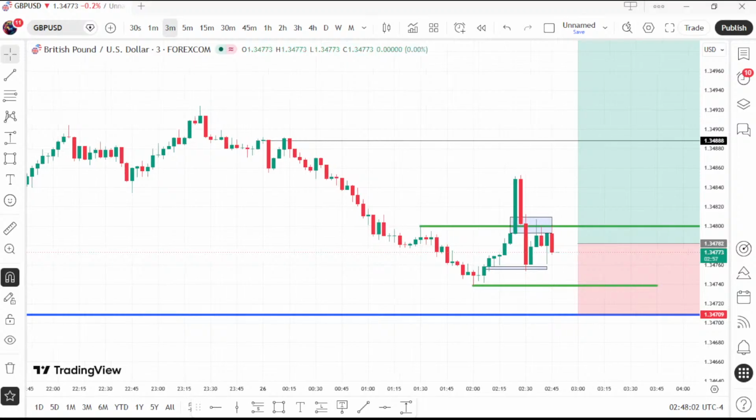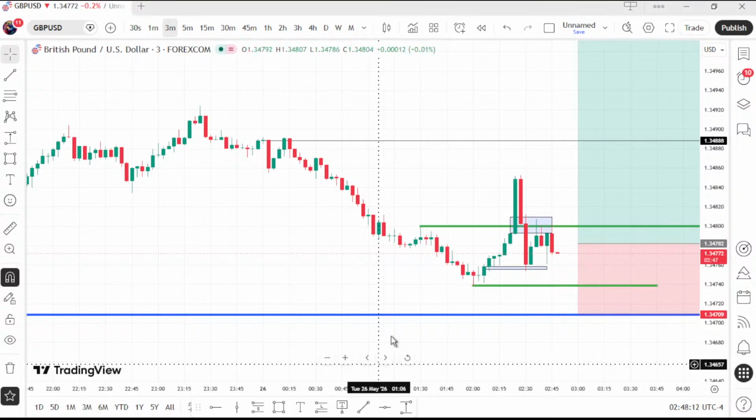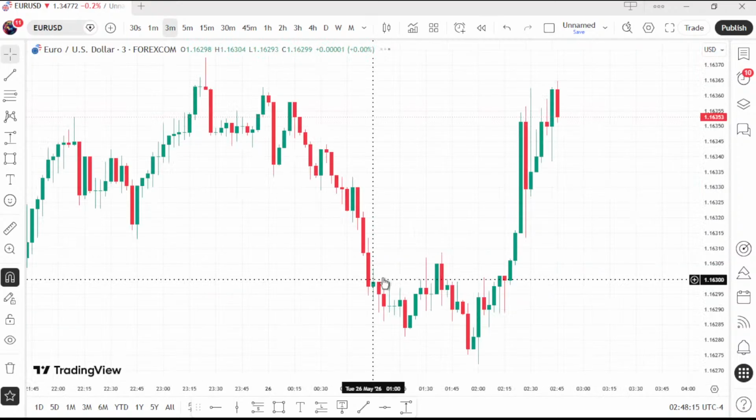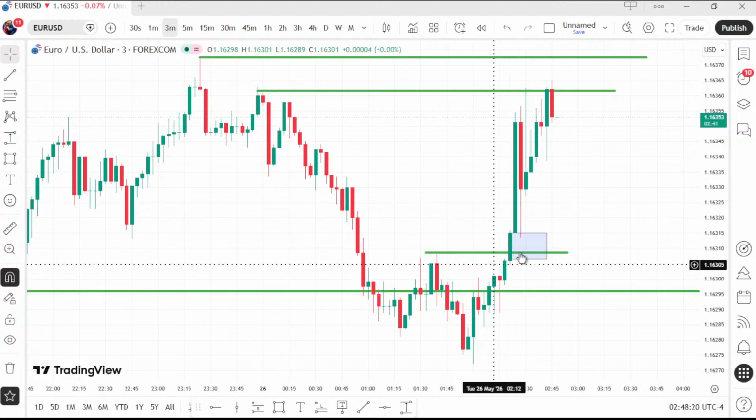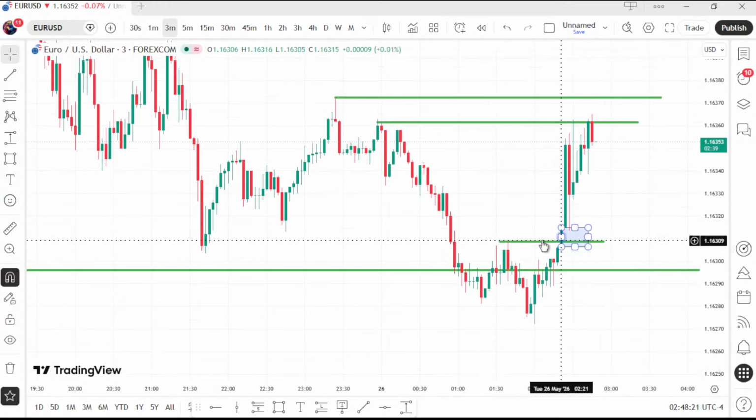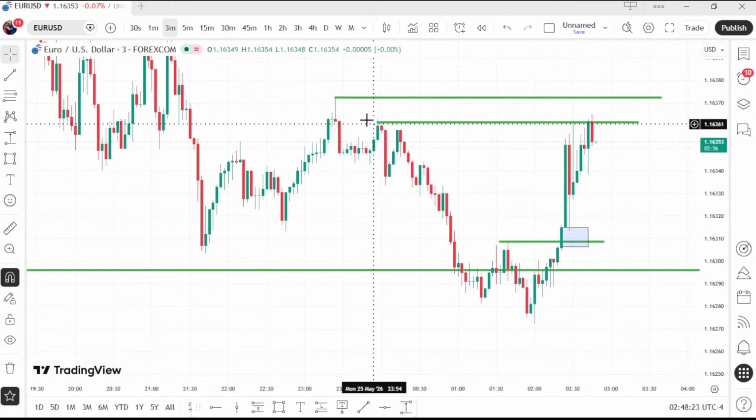Yep, so cheat. But I'm also seeing here in the euro, the euro is actually doing good in buying, but this is what I'm expecting. You see bullish price. Everybody was short.